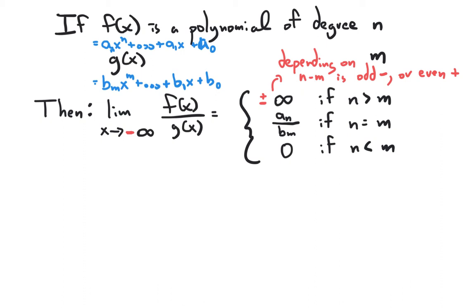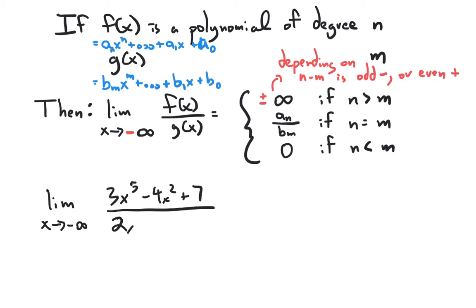So, for example, if we had something along the lines of the limit as x approaches negative infinity of, let's do 3x to the 5th minus 4x squared plus 7 over 2x to the 5th minus x to the 4th plus x cubed minus 29x squared plus x plus 1, for example.